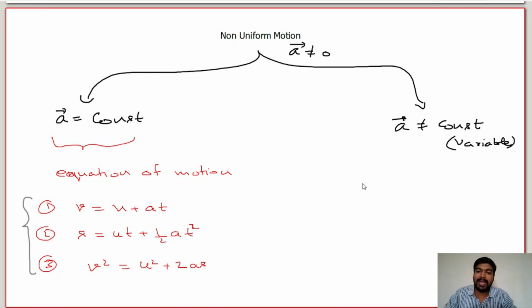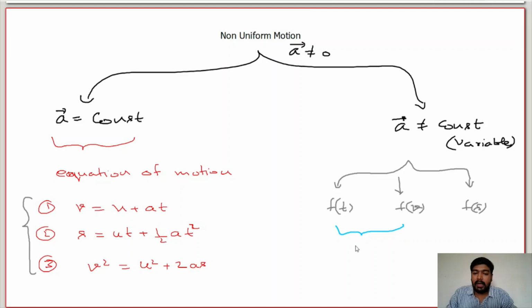So in this we have, like we all know, a body can be having the motion as a function of some time, or as a function of some velocity, or as a function of some displacement. So here we can have two things.